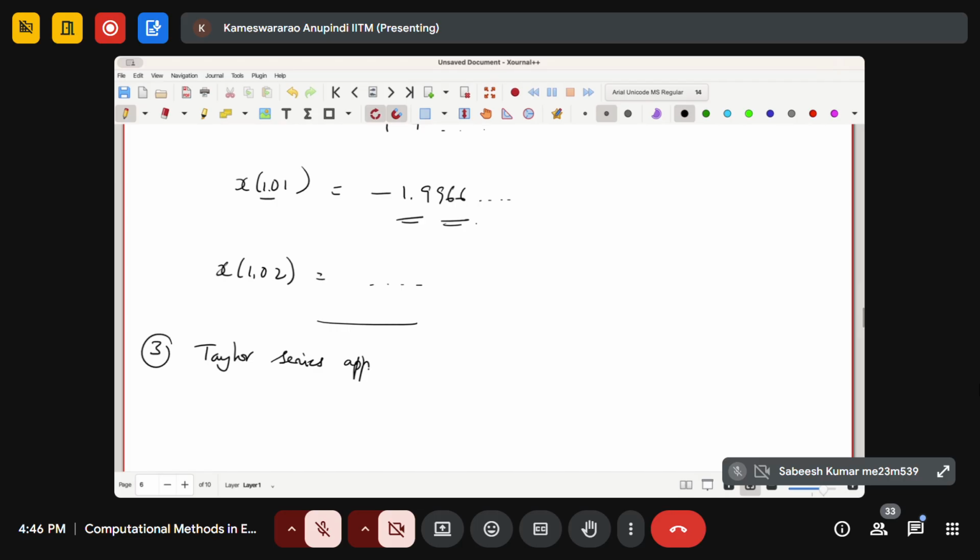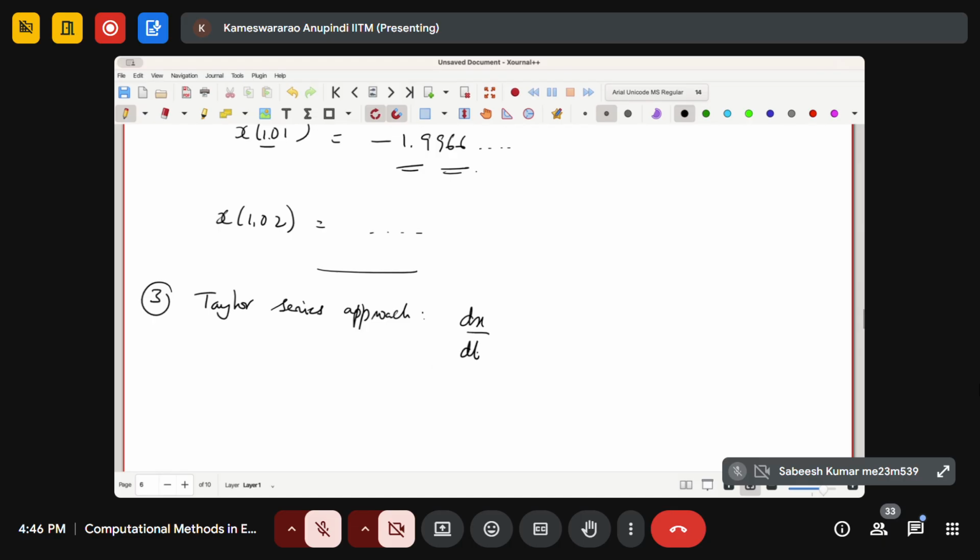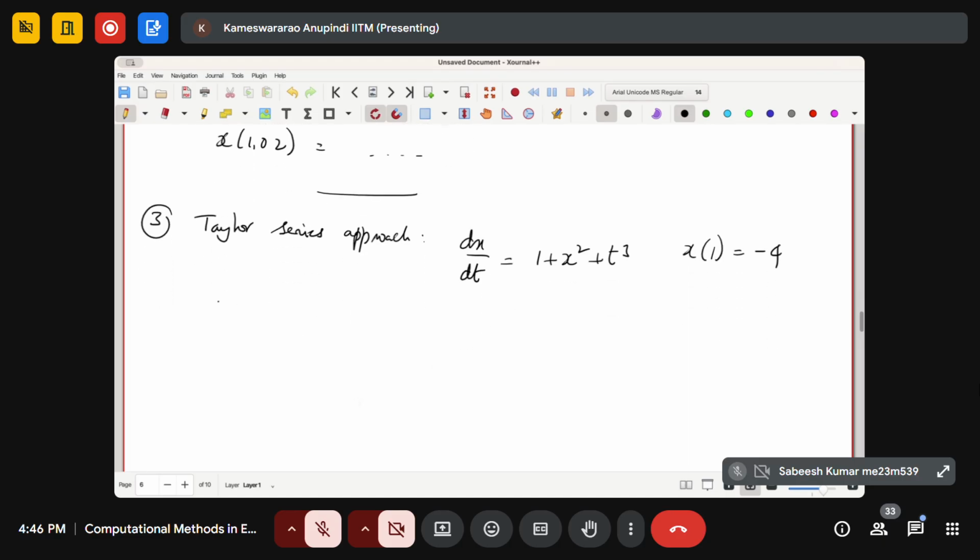Taylor series method is going to be a little more involved because we are given dx by dt equals 1 plus x square plus t cube, x of 1 equals minus 4. Taylor series method is x i plus 1 equals x i plus delta t times x prime at i plus delta t square by 2 factorial x double prime at i plus delta t cube by 3 factorial x triple prime at i and so on.